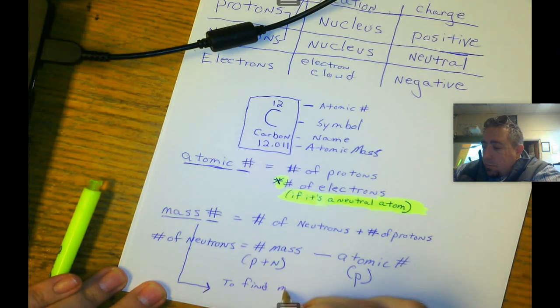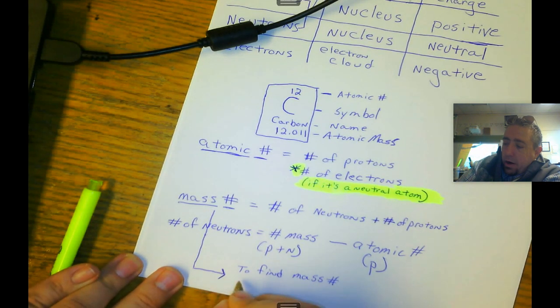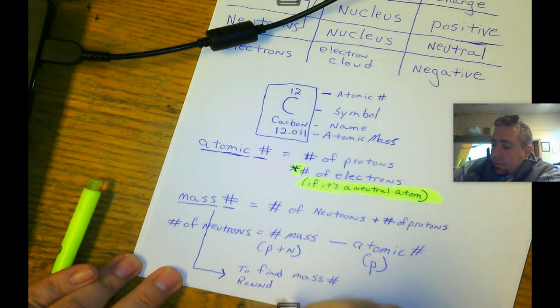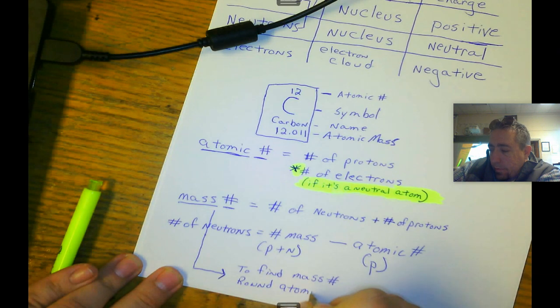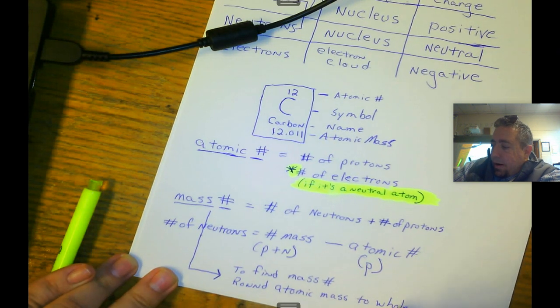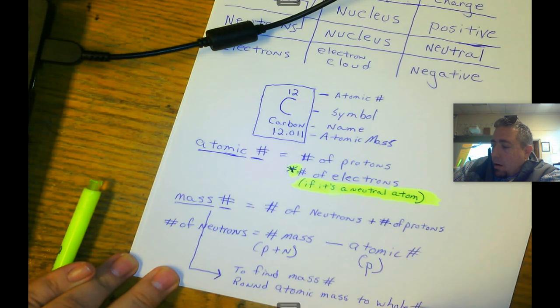To find mass number, what you're going to do is round atomic mass to the whole number. All right, before you leave, just put this down, okay? Round it by the tenths only.